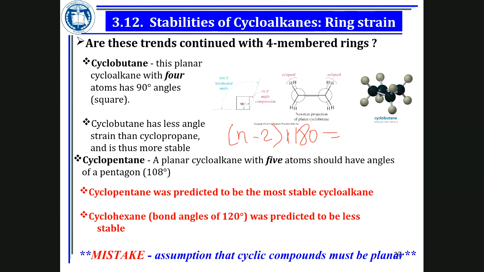That would be the total of the bond angles for the inside of a triangle or a square or pentagon in this case.